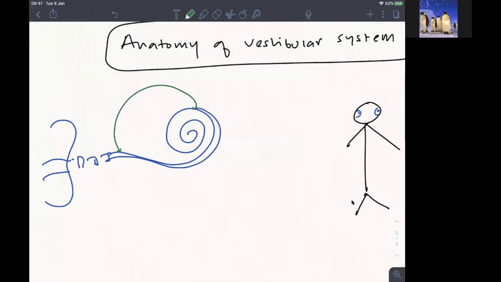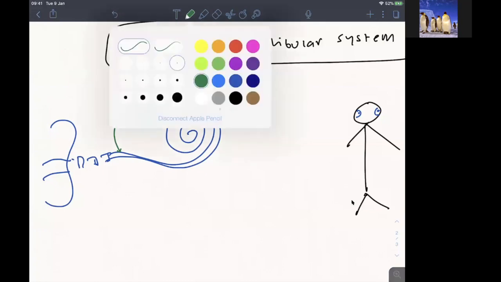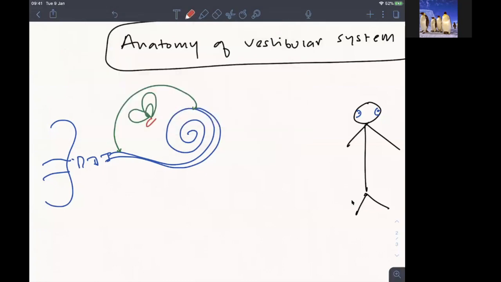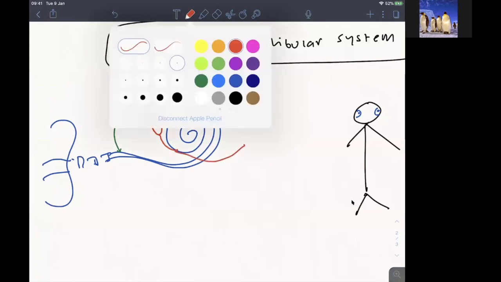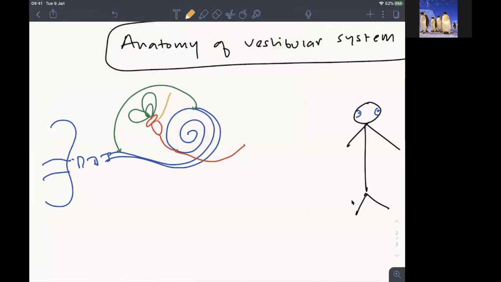And the vestibular system is essentially composed of three things. One is there are three semicircular canals. There is something called the utricle. There is something called the saccule. And this connects it to the vestibular nerve. And there is also an endolymphatic sac.